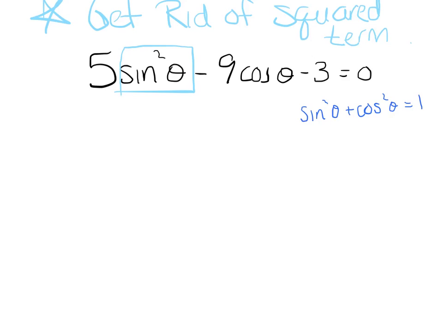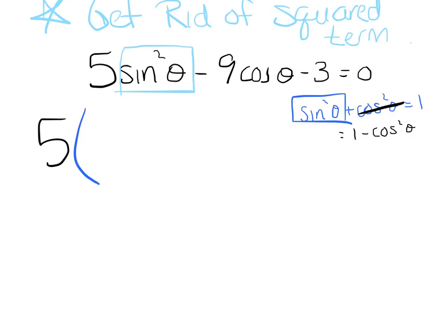And you want sine squared theta by itself. What would you do to get sine squared theta by itself? Well, hopefully you'd say that's equal to 1 minus cosine squared theta. Basically, I would just subtract that term from both sides. So I'm going to replace the sine squared theta with 1 minus cosine squared theta.